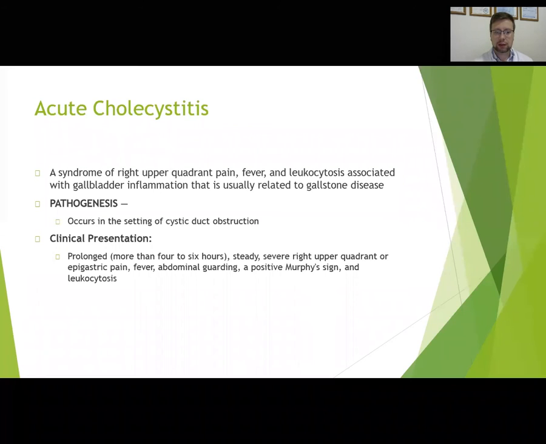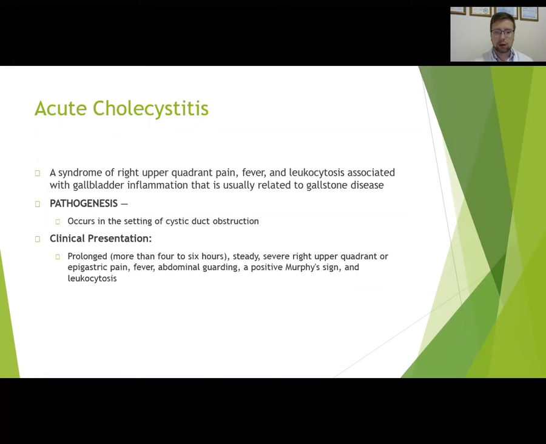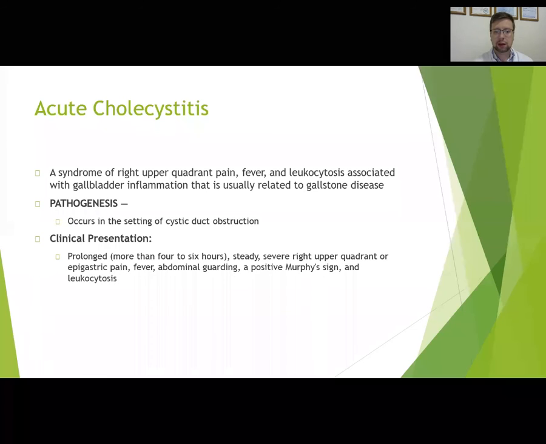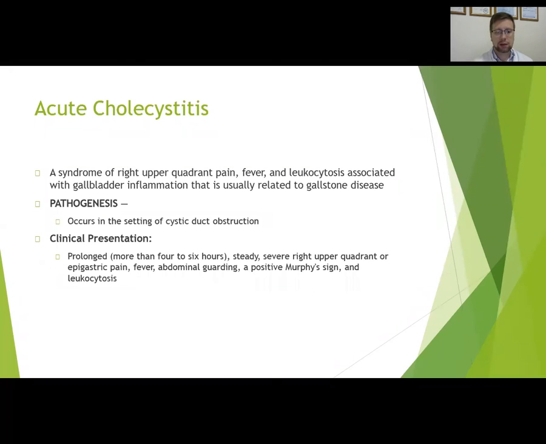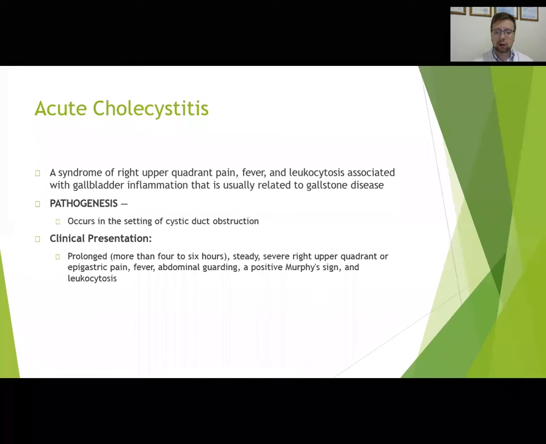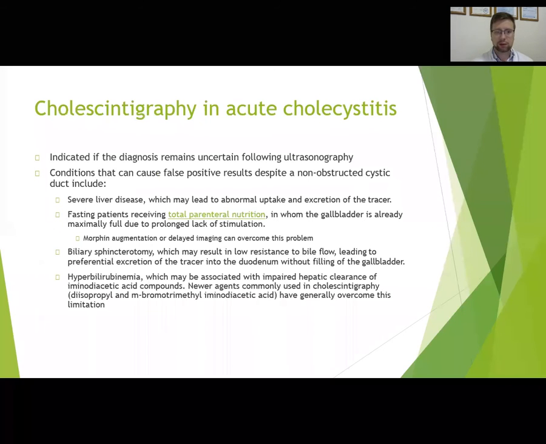In pathogenesis, cystic duct obstruction plays a very important role, and the clinical presentation is characterized by prolonged, meaning more than 4 to 6 hours, steady, severe right upper quadrant or epigastric pain, fever, abdominal guarding, a positive Murphy's sign, and leukocytosis.